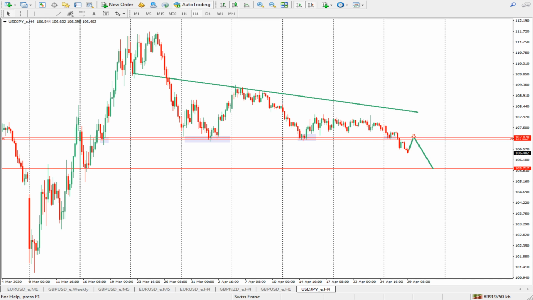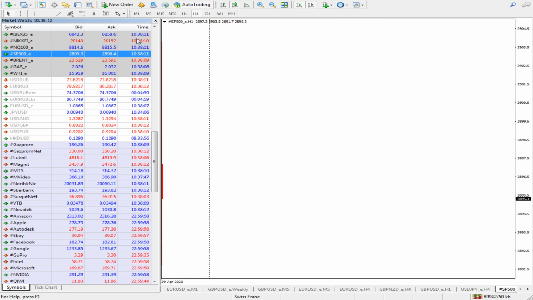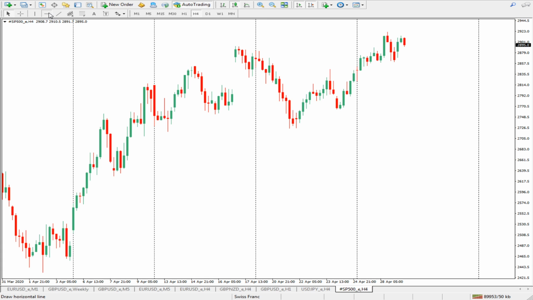We look at SP500 first of all. SP500, we had a resistance where we expected price to break beyond, and that's exactly what has happened. So we had a resistance here previously, this resistance here. There was this break, there was a false break, then it came back again above it.